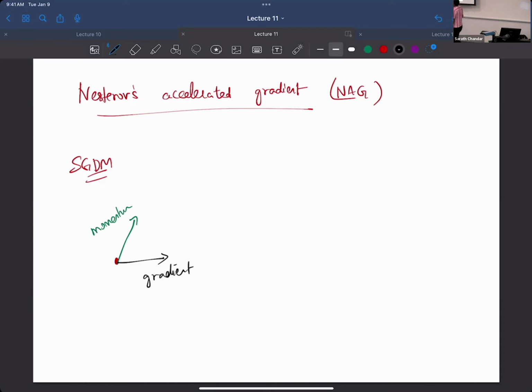So this is my current gradient, and this is my momentum. Now, when you take a step using SGDM, it's going to take an average of these two things. You're integrating the gradient with the momentum, so you would get something. This is going to be your actual step.